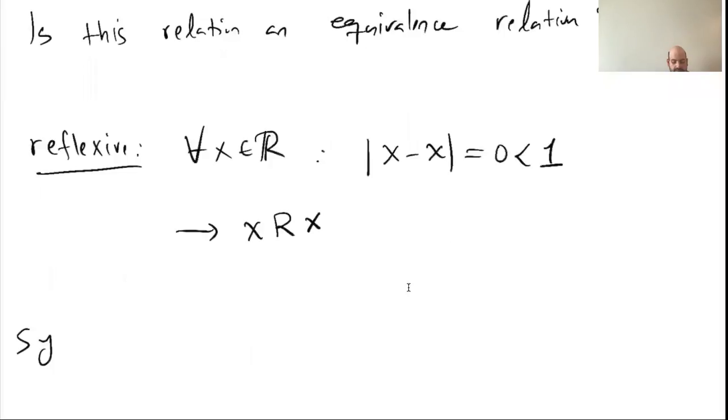And then that implies that absolute value y minus x is less than 1 as well, right? Because absolute value x minus y is equal to absolute value y minus x. And therefore, absolute value y minus x less than 1 means that y and x is also in the relation. But we show that if x and y is in the relation, then y and x in the relation. So that means our relation is symmetric.